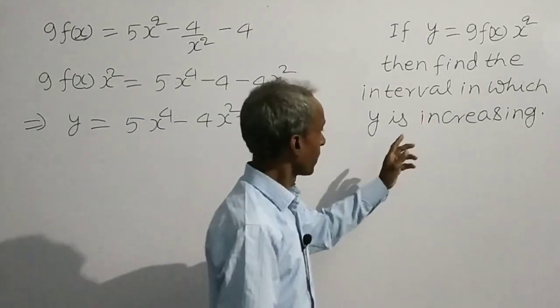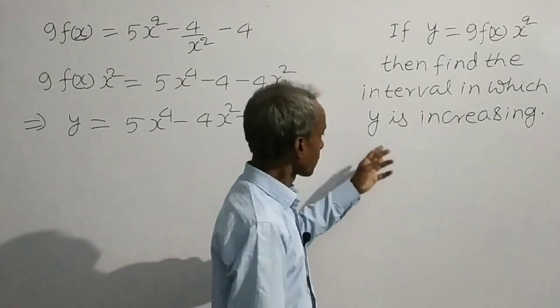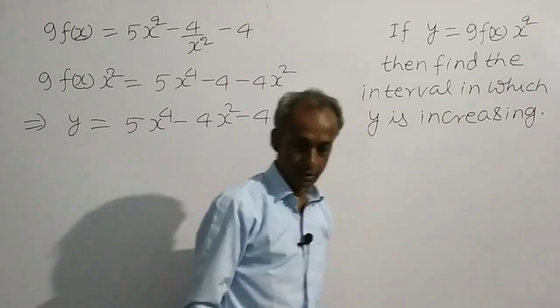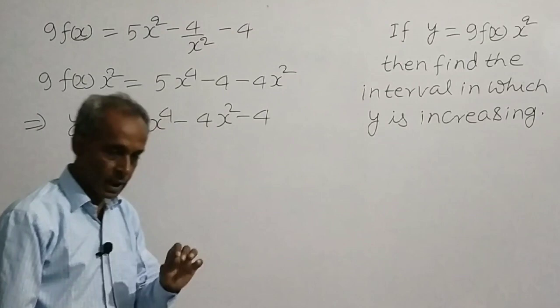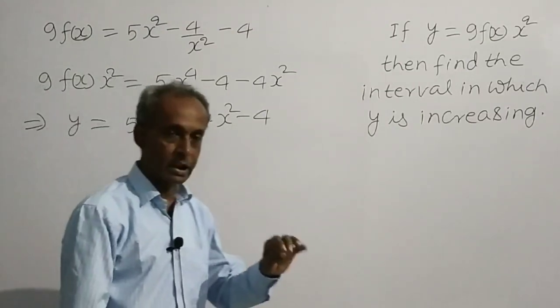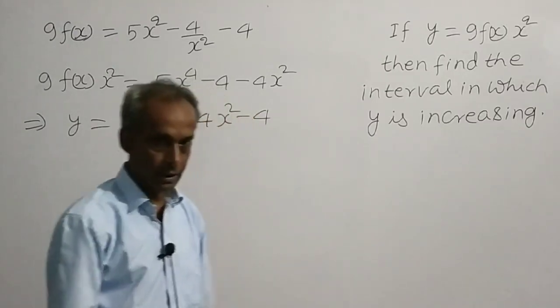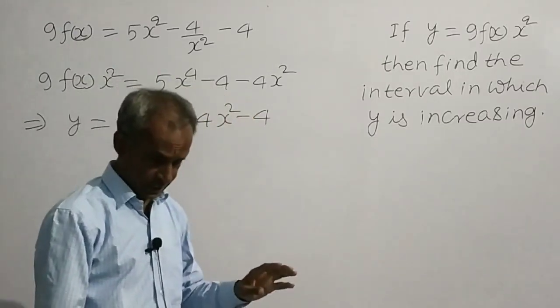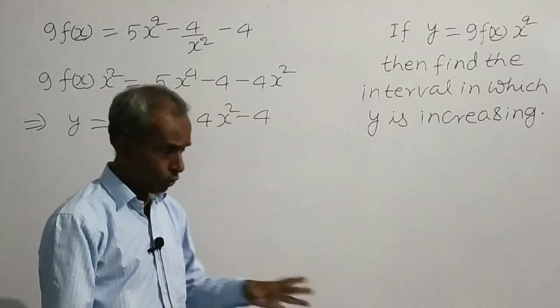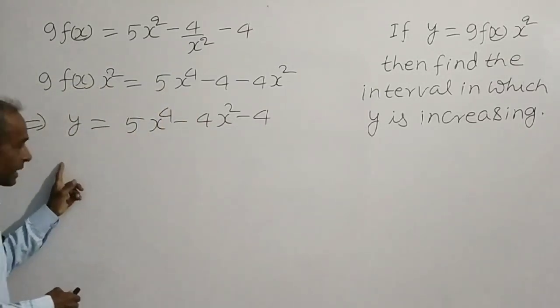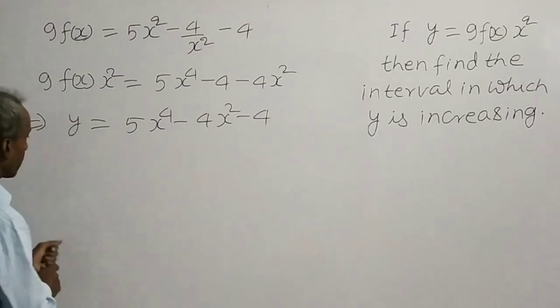Now in the question we are asked to find the interval in which y is increasing. Whenever we have to find the interval in which y is increasing or decreasing, the first step is that we differentiate y with respect to x.